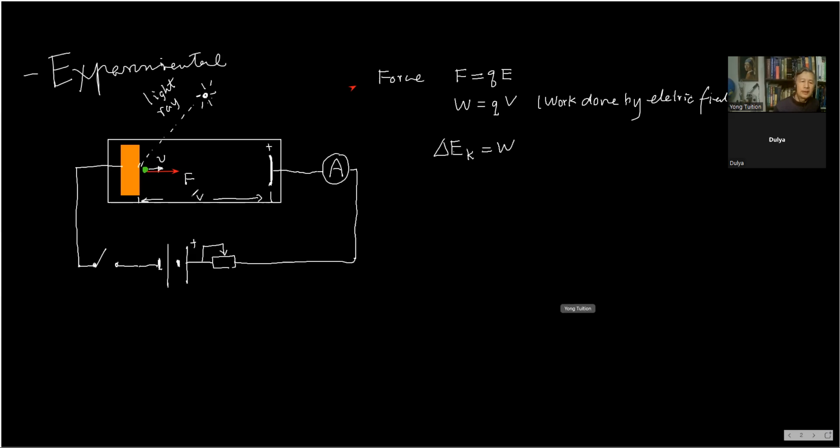Therefore, the electron will speed up. No matter how slow the electron is, after this acceleration its kinetic energy will increase. This is switch one, and it is closed in this case.